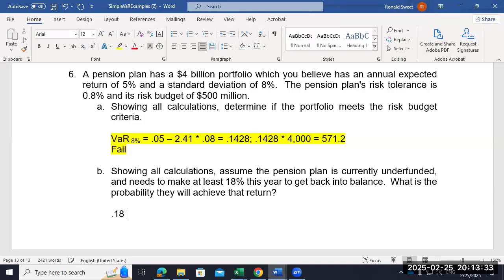18%. 0.05 minus 100% deviation, times that. Okay, number of standard deviations equals what?